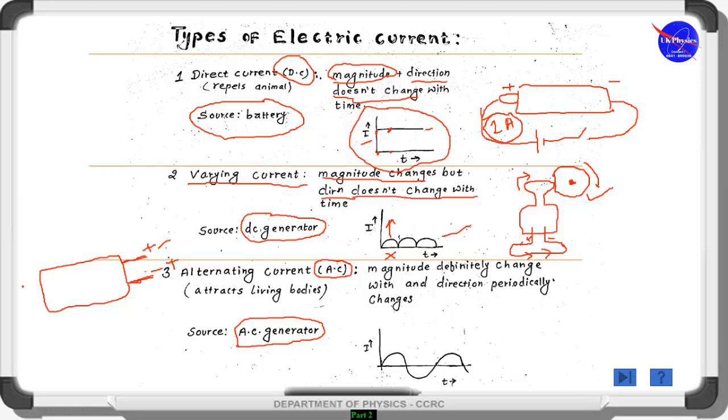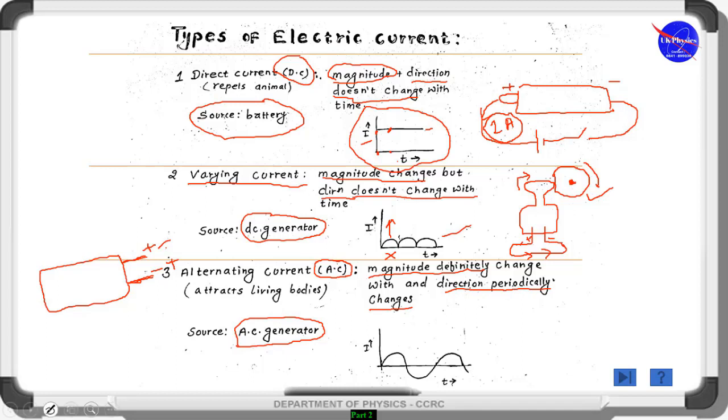This is due to the rotation of a coil inside the magnetic field. I'm not going to discuss in detail the production of alternating current. In alternating current, the magnitude definitely changes, but the direction also periodically changes.